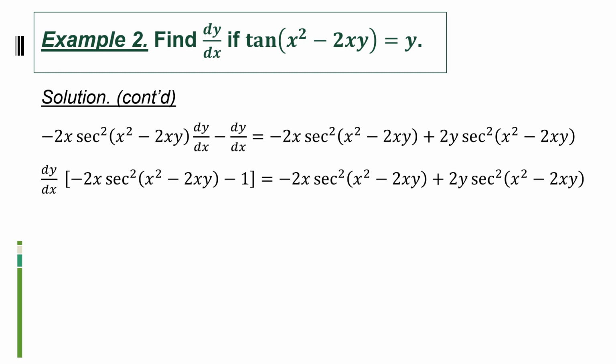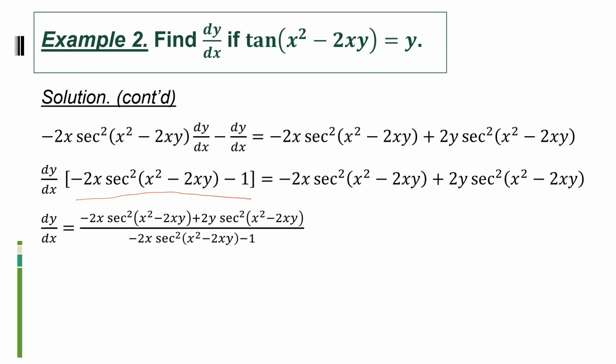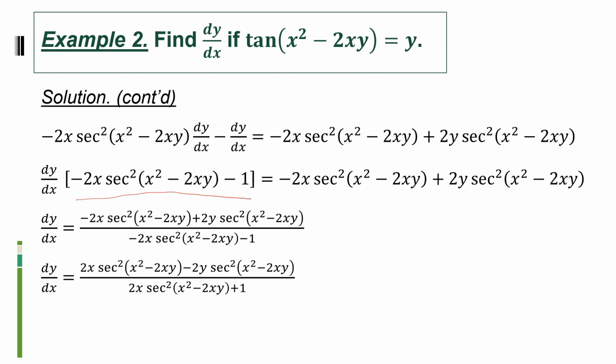Factoring out dy over dx, we have this. And then, let us now divide both sides by this. So, we have dy over dx equals negative 2x secant squared of x squared minus 2xy plus 2y secant squared of x squared minus 2xy all over negative 2x times secant squared of x squared minus 2xy minus 1. Or, you can also write it that way if you want to remove the negative.